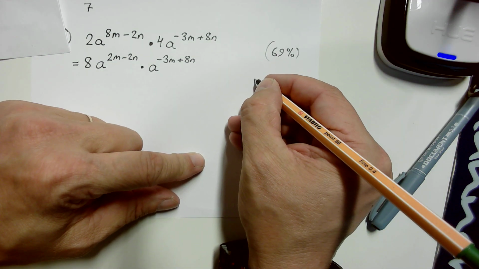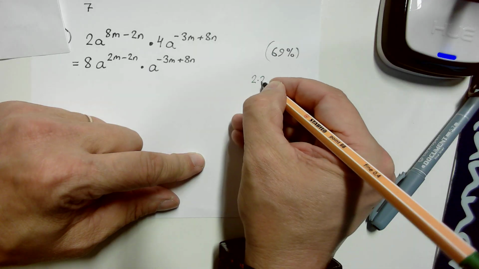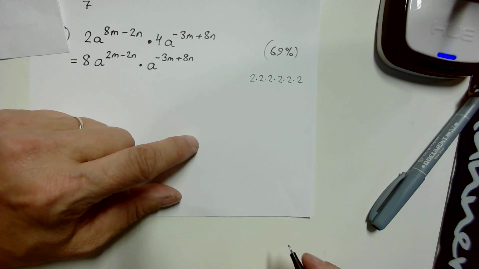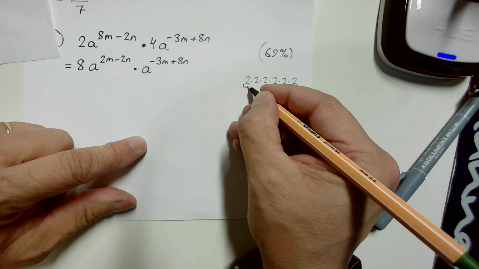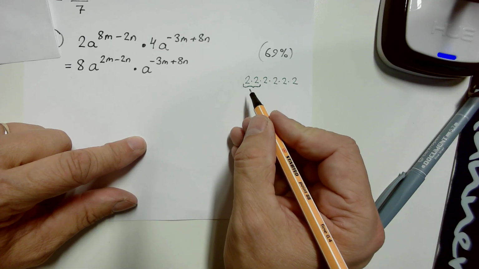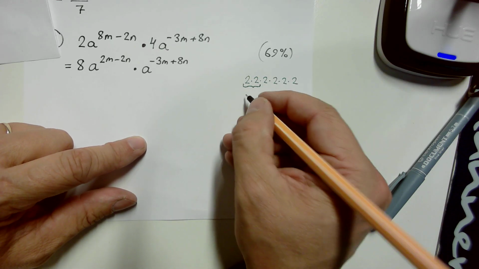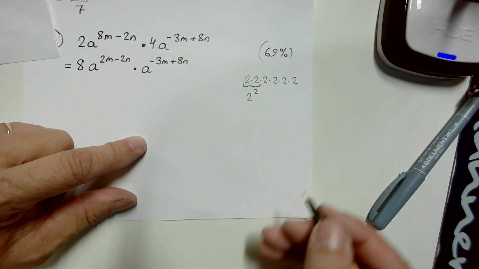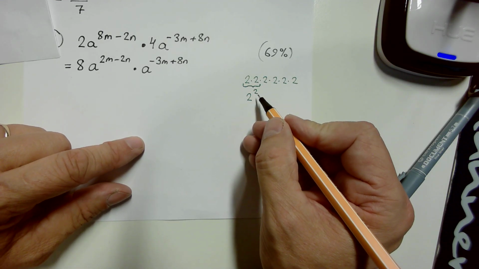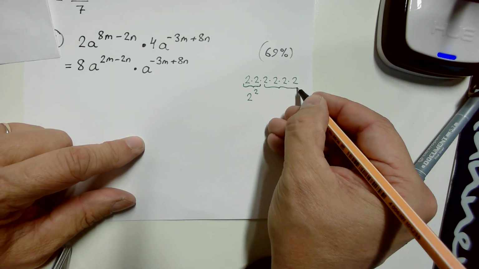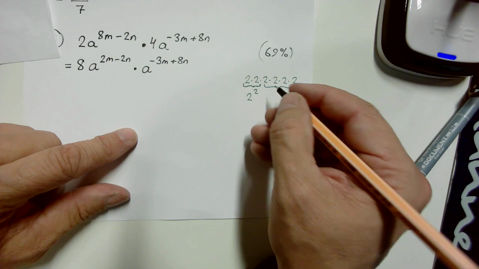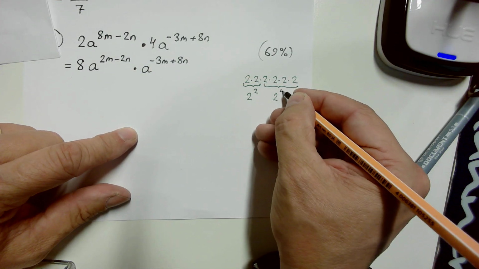If you don't remember the rule, you may take a simple example. For example, we have 2 times 2 times 2 times 2 times 2 times 2. If I take these numbers here, we have 2 number 2's there, so it is 2 to the power of 2. And here we have 4 number 2's, and it is equal to 2 to the power of 4.